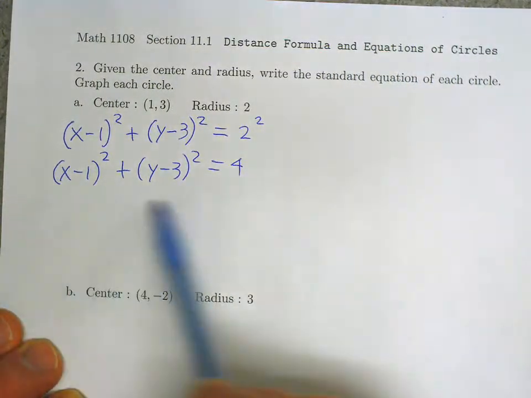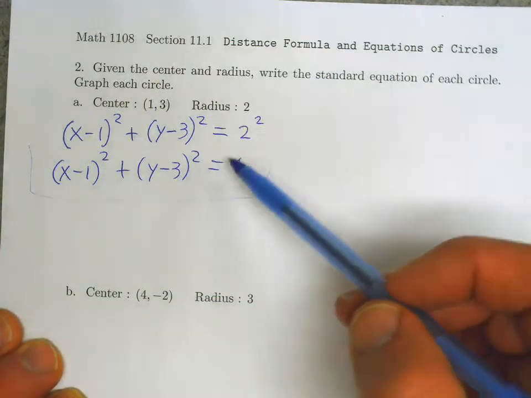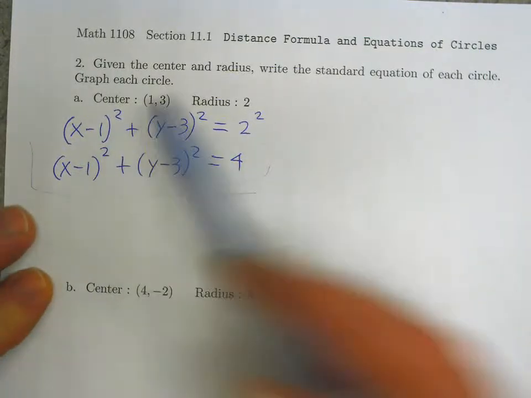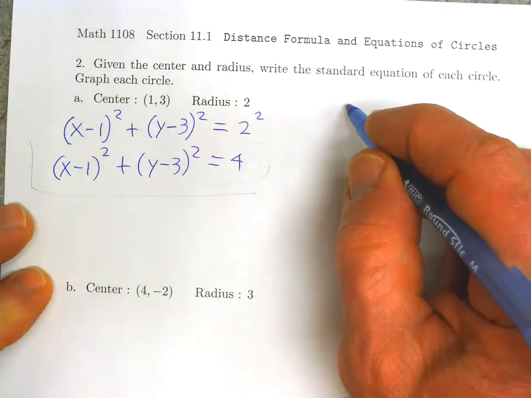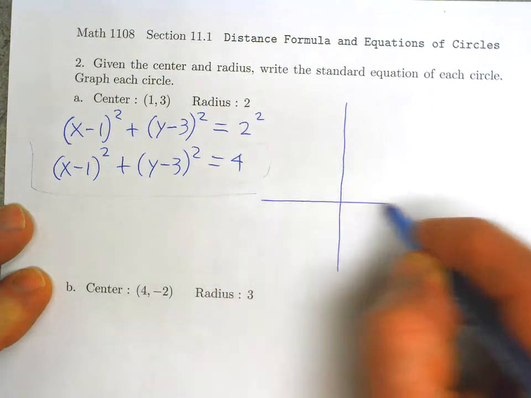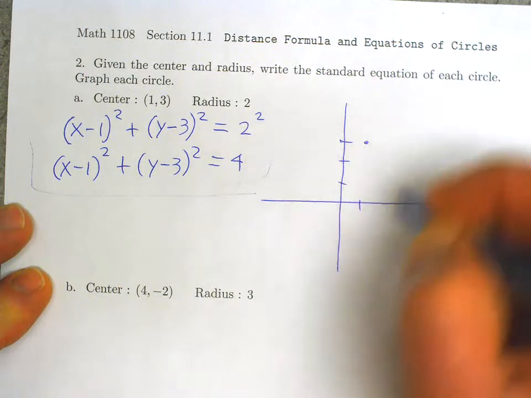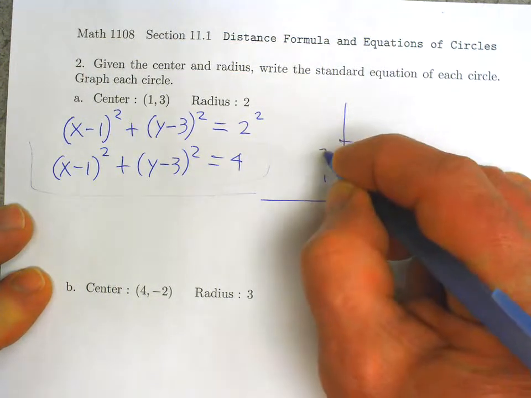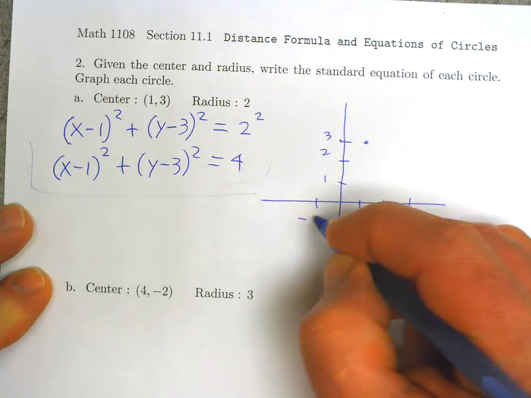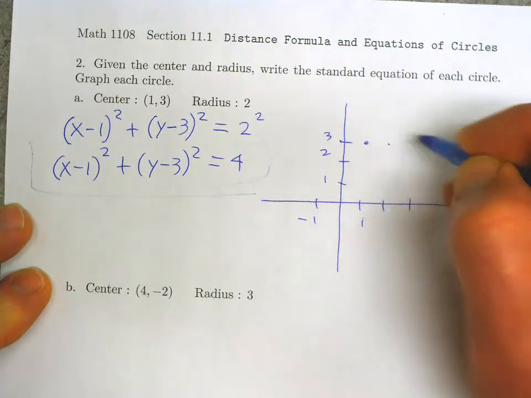But you can write down this equation the first time. You don't have to write 2 squared. You can just write 4. Okay, so we'll sketch a graph of this. The center is 1, 3, and the radius is 2. So from the center, we can move 2 units to the right.